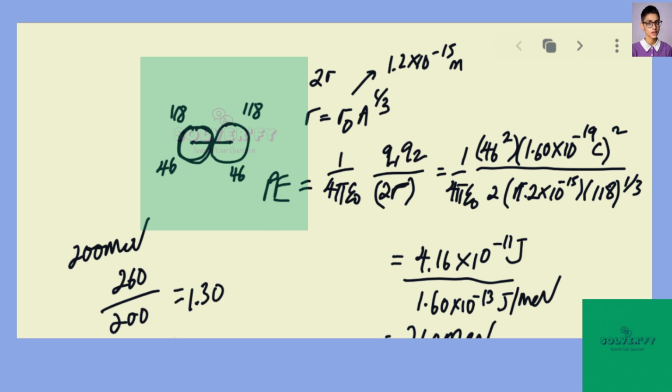So that is about 130%. So it tells us that the potential energy is 30% larger than the fission energy release.